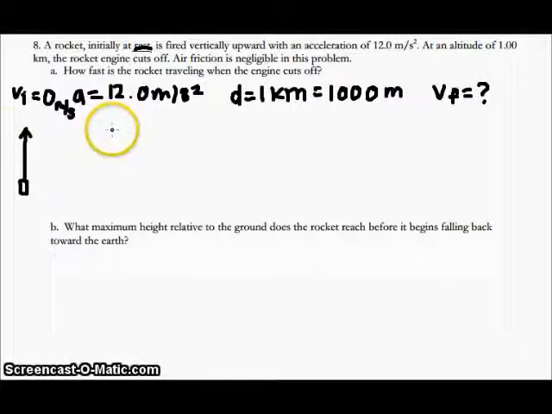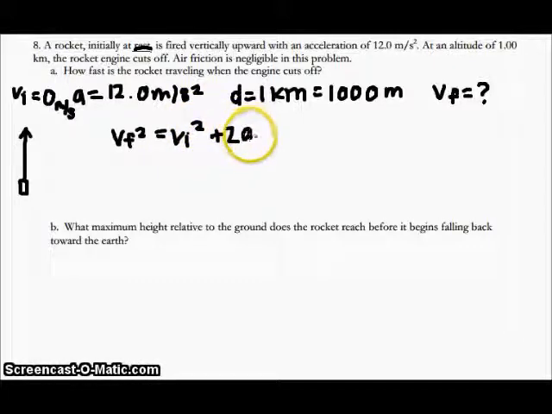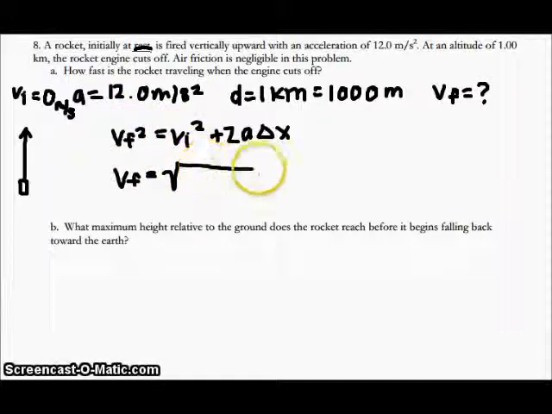And if we look at our formula sheet, the equation we need is the final velocity squared equals the initial velocity squared plus 2 times the acceleration times the change in x, which in this case is just our change in distance. So the final velocity, we just need to plug all this in. I'm going to move the square root over here, so it's the square root of vi squared plus 2a change in x.